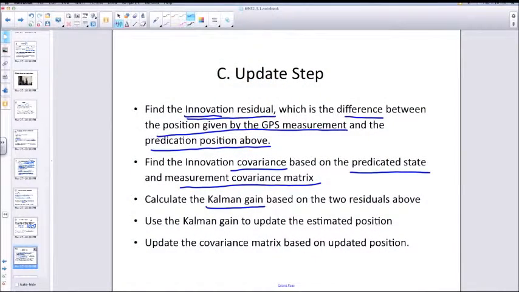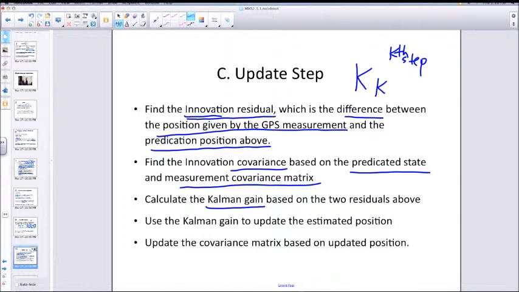Then we introduce the key concept. It's called the Kalman gain. Typically, the literature uses this little k, small k. The little k stands for Kalman, his name. Small k also means the k-th step of the calculation.